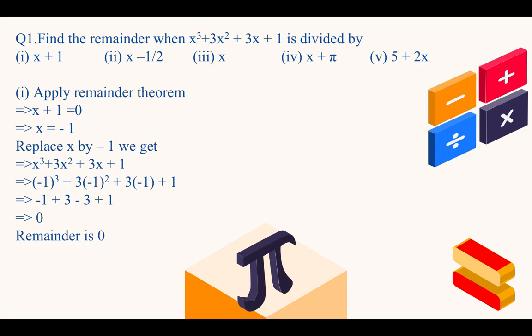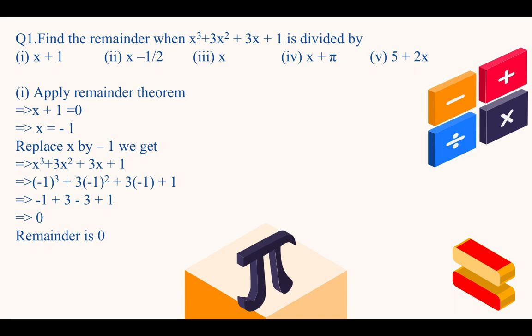We get x cube. Instead of x cube, I'll write minus 1 whole cube plus 3x square. I'll write plus 3 and minus 1 whole square. Plus 3x means plus 3 multiplied by minus 1 and plus 1. Now we will solve the equation.